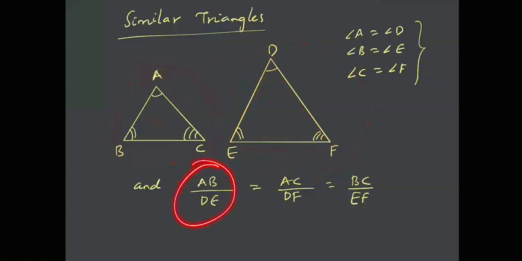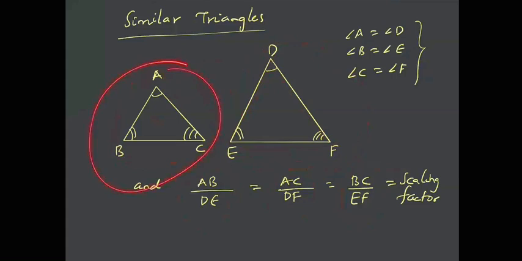So AB by DE, AC by DF, BC by EF, these are called the scaling factor. So the proportion by which you should zoom the triangle ABC to get the triangle DEF, that is the scaling factor. I think you are clear about what a similar triangle is.